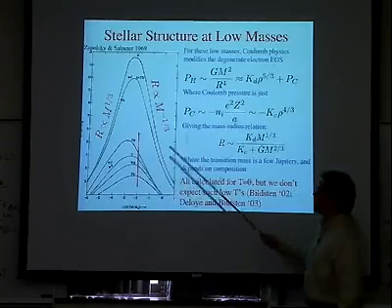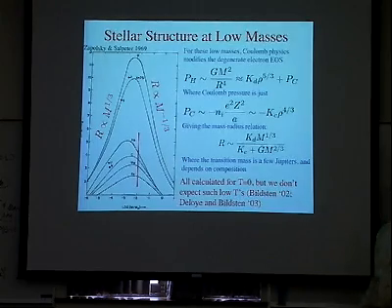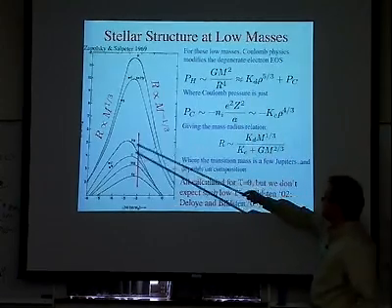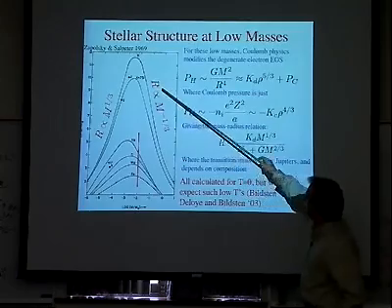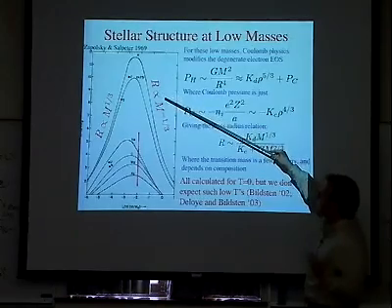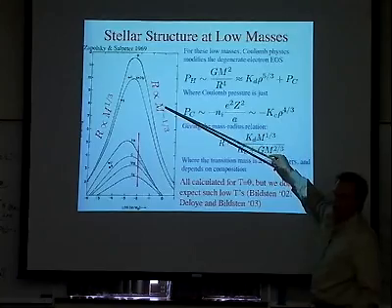The other thing to realize is that all the theory had been done for T equals 0, which is a great theoretical problem, but nobody had ever done finite temperature. I'm not going to work through all this, but let me give you two limits that you know and love. This is the limit at very high masses, where what's holding up the object is degeneracy pressure. Then the radius goes like mass to the minus 1/3.